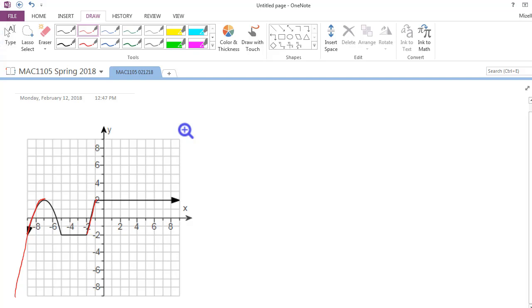As it's coming from the left, it's going up, up, up until it gets to that point. Looks like -7 right there where it stops increasing. So I would say f is increasing on the interval from -infinity to -7.